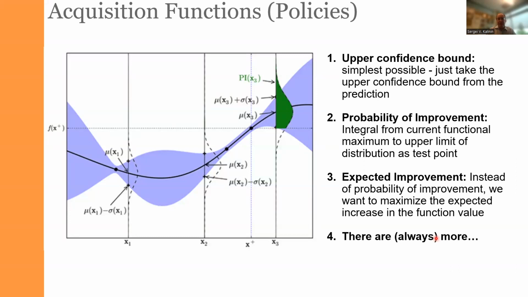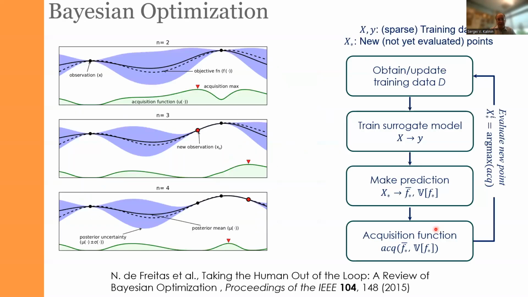So if you have an idea of what you're looking for in your experiment and how you want to balance uncertainty and prediction, you can come up with your own way to create and sample the acquisition function.